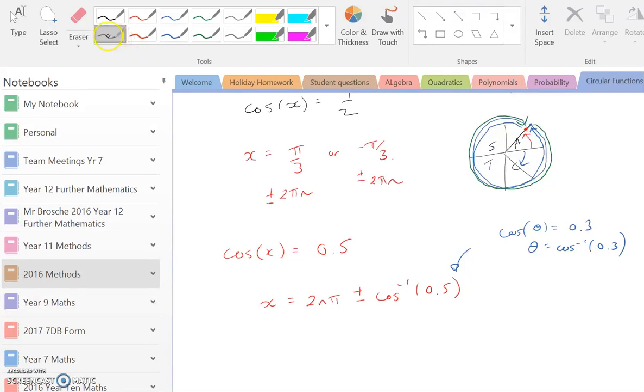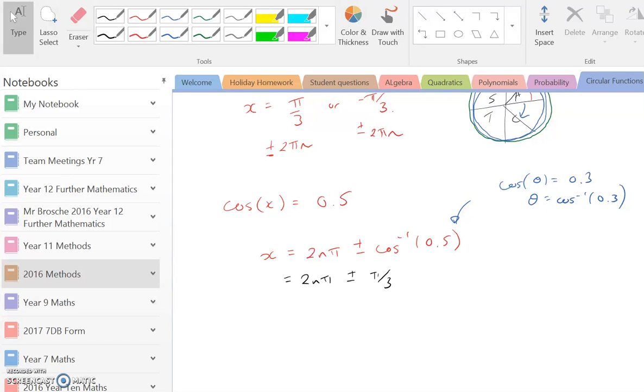So more generally with the 0.5, I know that we have inverse cos of 0.5, or the exact value is x is pi on 3 or x is minus pi on 3. So you get the plus minus pi on 3.